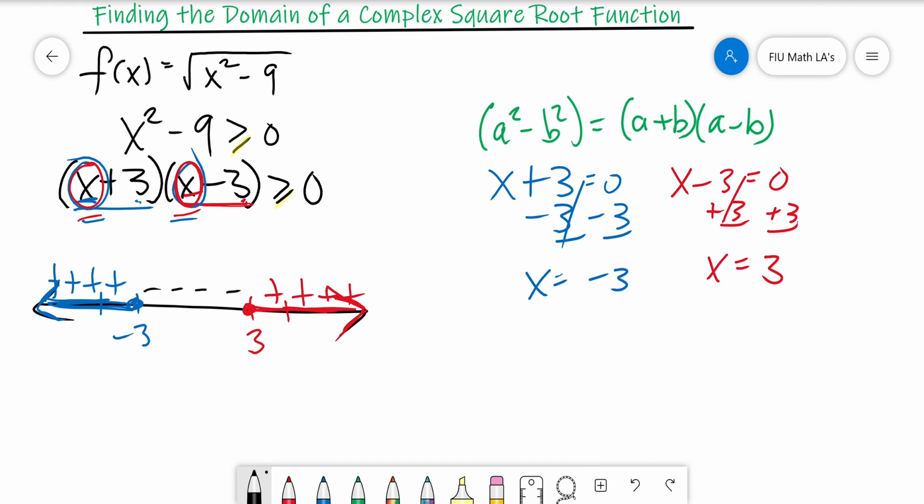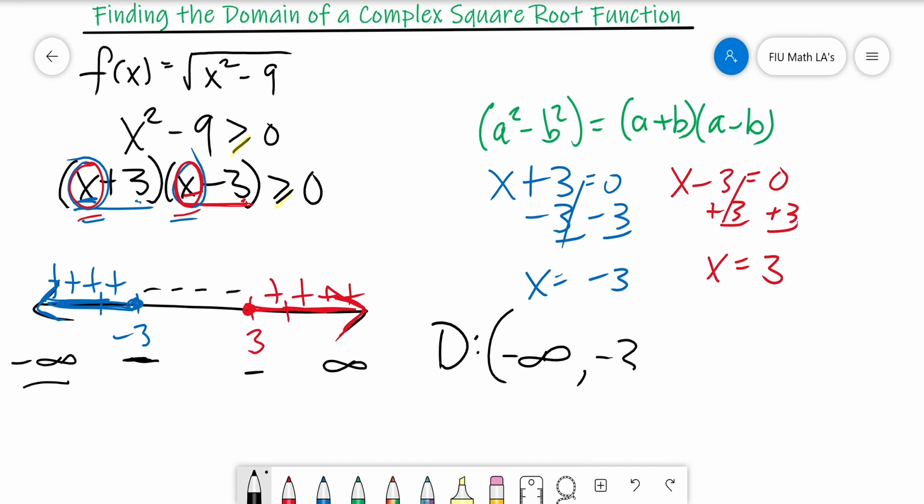So let's go ahead and identify our domain of this function now. Our domain of this function goes from -infinity all the way up to and including the -3, and we have another interval from +3 all the way up to infinity. In order to write our solution in interval notation, we will say domain is going to be equal to, and we'll start from this negative infinity back here, up to and including this negative 3 here.